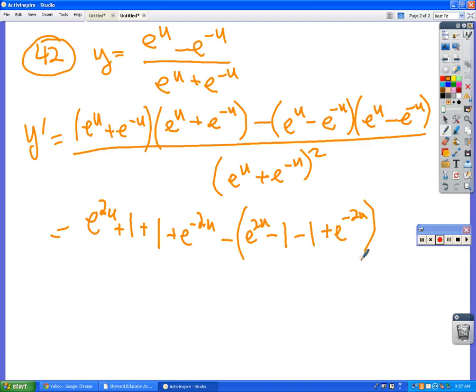So the reason why this is fun is because this e to the 2u and this e to the 2u cancel. This e to the negative 2u and this e to the negative 2u will cancel. And then 1 plus 1 minus 1 is going to be 4. So final answer 4 over e to the u plus e to the negative u squared.